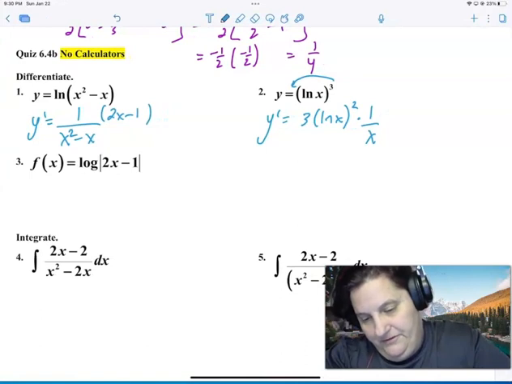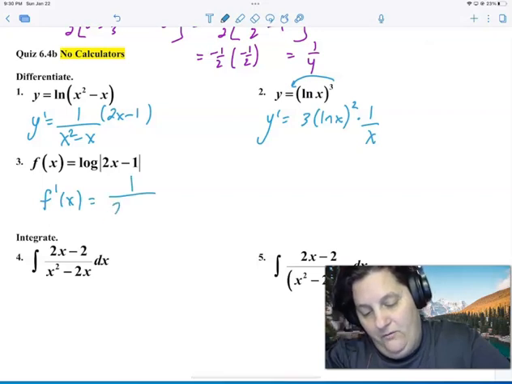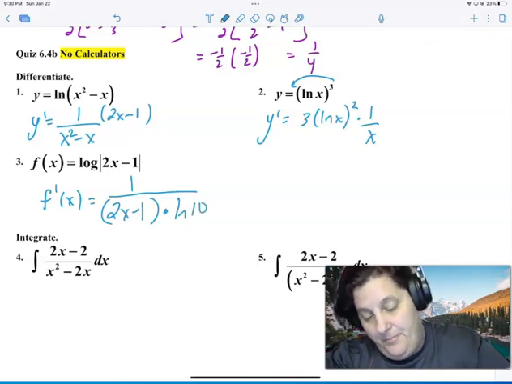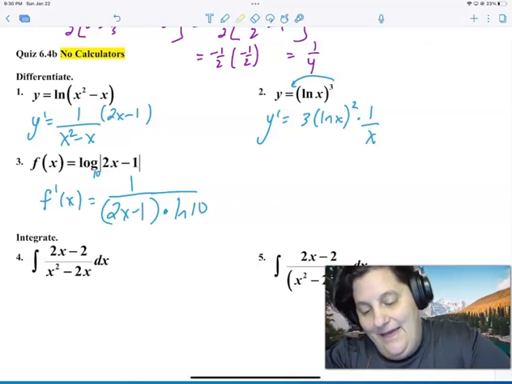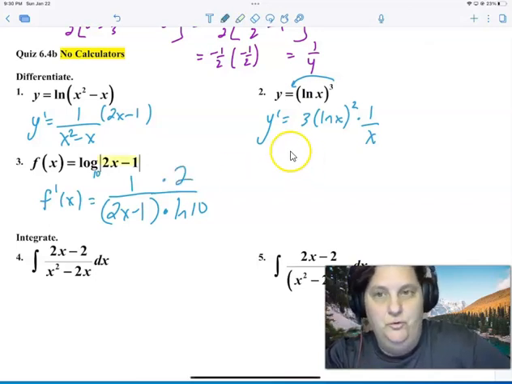Whew, this one I have a little bit of trouble remembering. I remember log is like ln. It's supposed to be 1 over ln, then I put this extra ln of the base on the bottom because this is log base 10. And I still have to do a chain rule. So it's times 2.